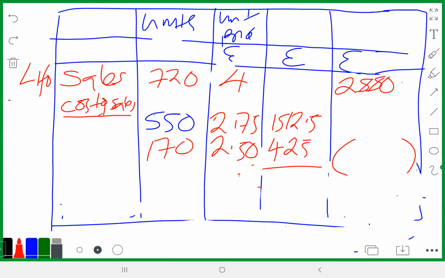What do we get? 425 plus 1512.5 is 1937.50.